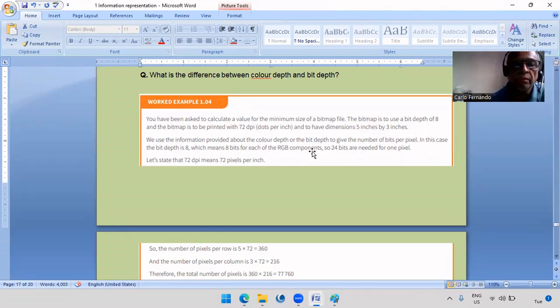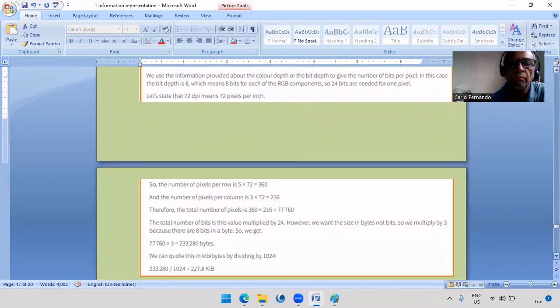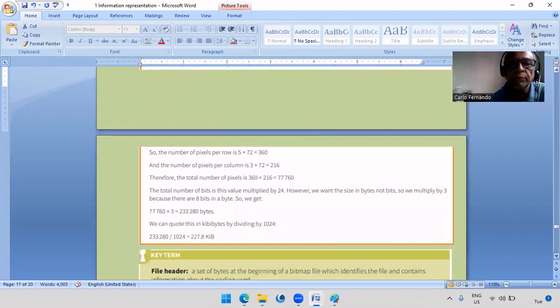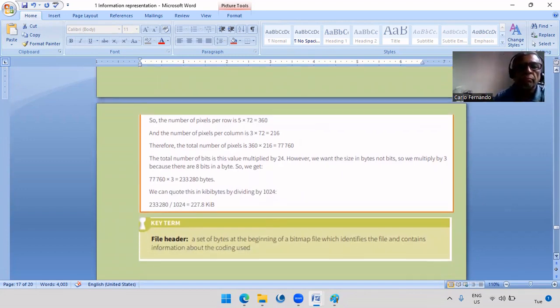Remember, not color depth, the bit depth. So 24 bits are needed for 1 pixel. That means 3 bytes. Let's state that 72 dpi means 72 pixels per inch. We'll just approximate that 72 dots per inch is equal to 72 pixels per inch.